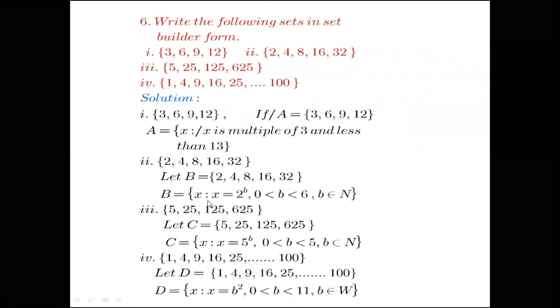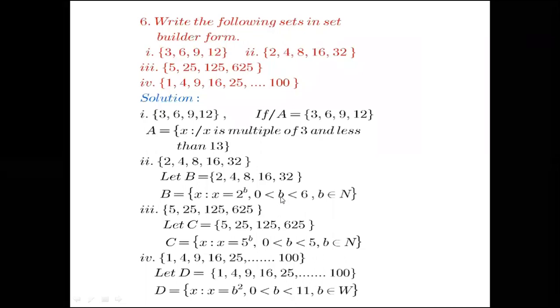Here, the same has been written in the set builder form. X such that x is equal to 2 power b. Here we have started the power from 1 and ended at 5. So you can write the same condition as 0 less than b, b less than 6.